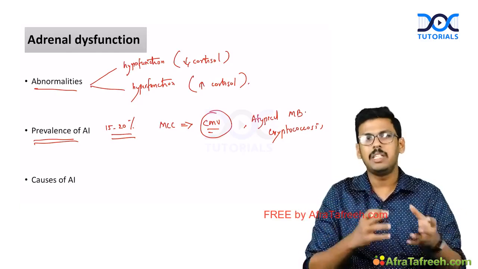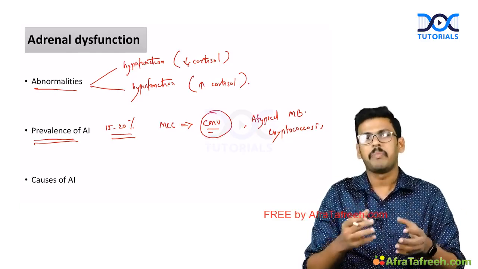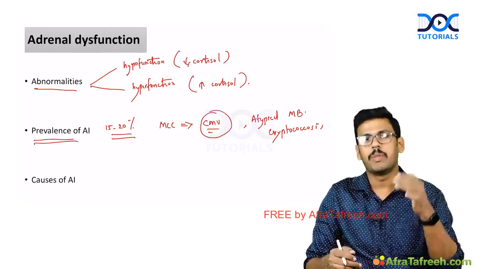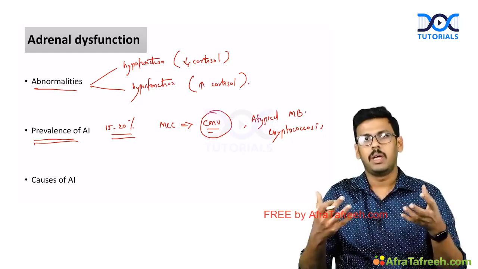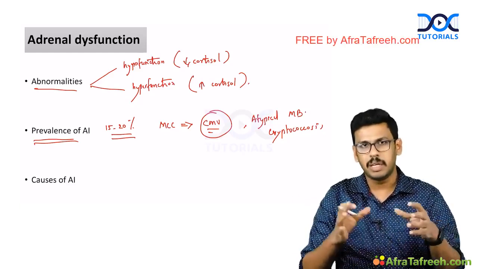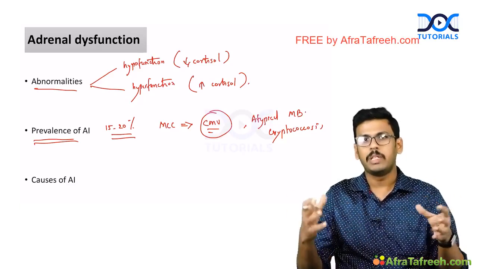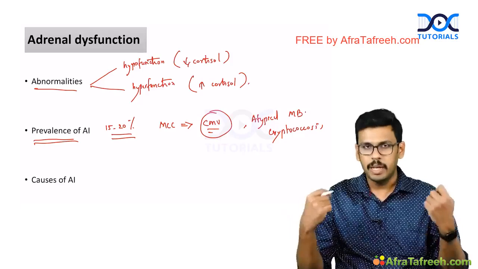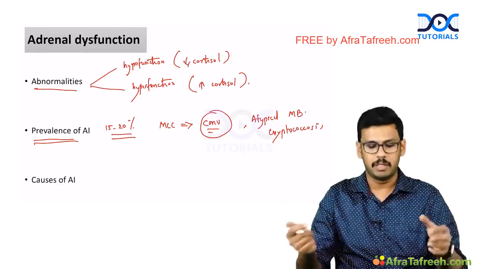Usually there will be patchy infiltration, so the prevalence of AI in a patient with CMV adrenalitis is actually low. Even though it is the most common cause, not all patients with CMV adrenalitis will develop adrenal insufficiency because of the patchy involvement. Only when more than 90% of both adrenal glands are infiltrated will you get a frank adrenal insufficiency.